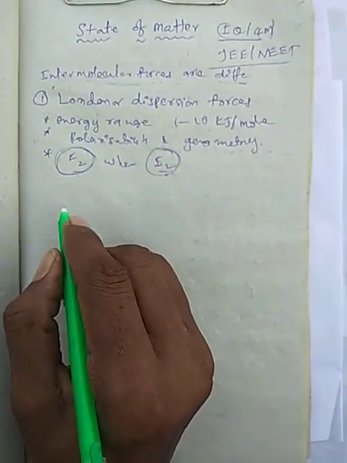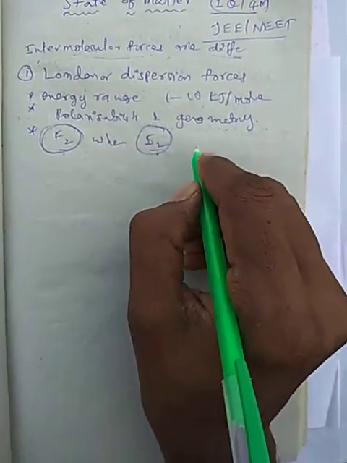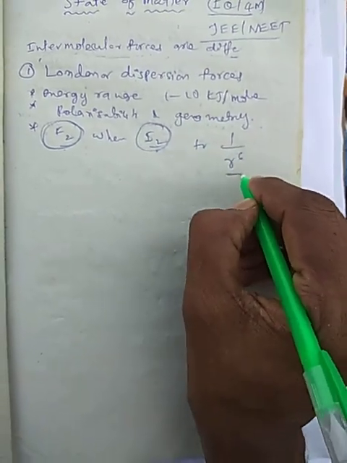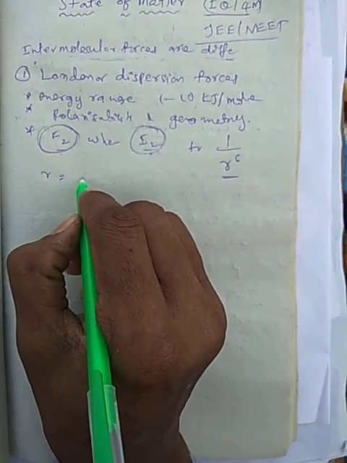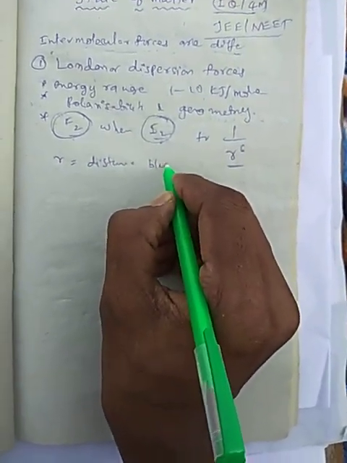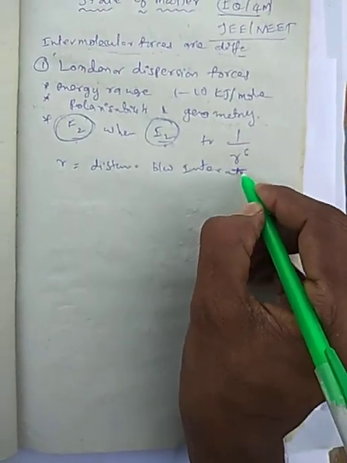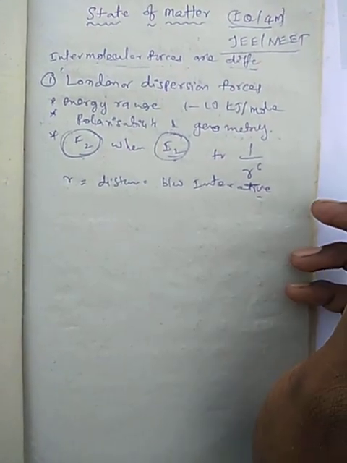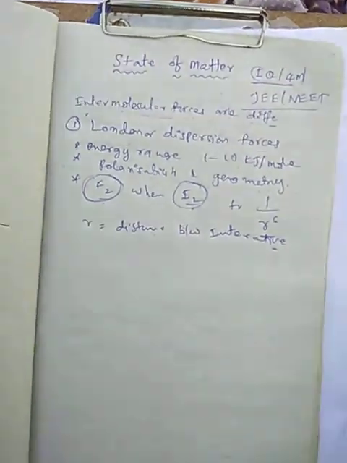Now, this is always an attractive force and is proportional to 1 by r power 6, where r is the distance between interacting particles.